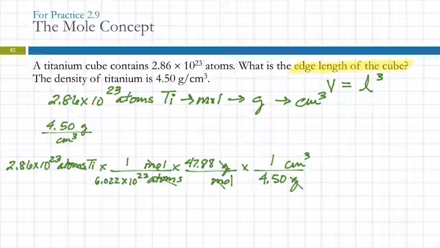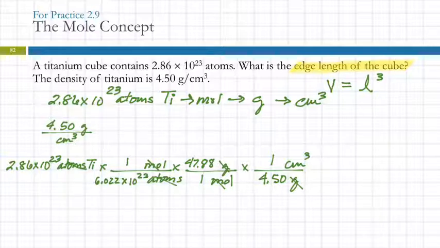Exactly how that comes out will depend on the periodic table you're using. I've memorized a lot of the molar masses just because I use them so often, and so I will generally in lecture round molar masses to 4 significant figures, and it's okay for you to do that as well.